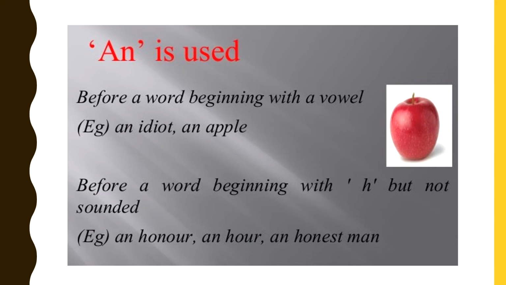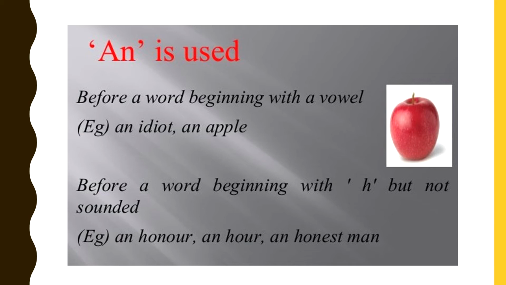Yes, the letters A, E, I, O, U. These five letters are called vowels in the English language. So when your word begins with a vowel, we use the article an. But remember the exceptions which we just discussed while learning the usage of article a.